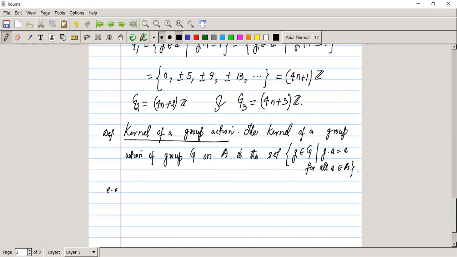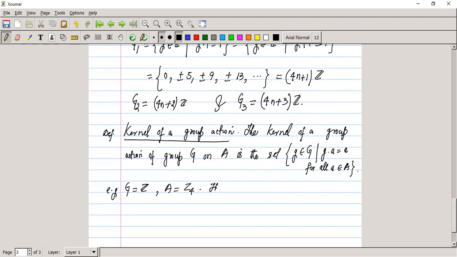So for example, let us take the group G, the group of integers Z, and let A be the set Z4.